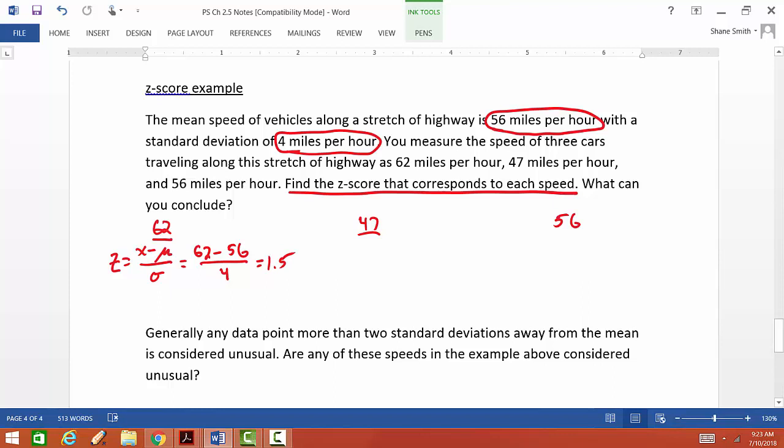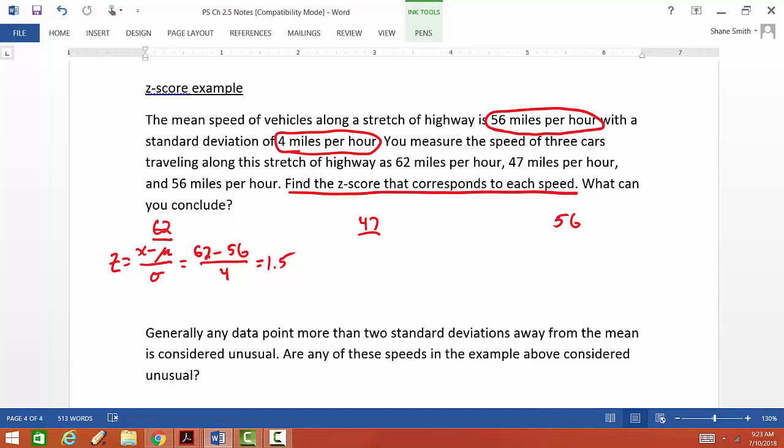So this vehicle in particular is driving at a speed that is 1.5 standard deviations above the mean, which is pretty far above the mean. There's not many data values. That's probably the top, I don't know, maybe the top third of the data, maybe a little bit higher than that. So maybe the top fourth of the data would be in the top 1.5 standard deviations above the mean. Depends on the shape of the data too.